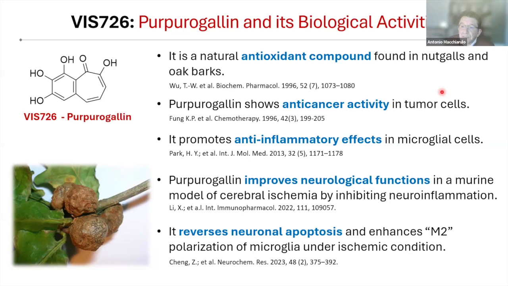It has been reported to have an anti-inflammatory effect in microglial cells, and purpurogallin is also able to improve neurological function in a murine model of cerebral ischemia, as well as reverse neuronal apoptosis and enhance M2 polarization of microglia under ischemic conditions.